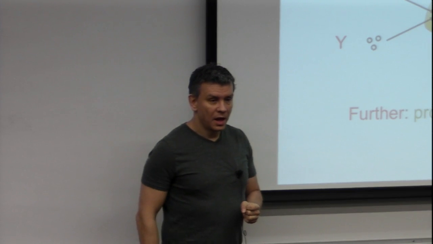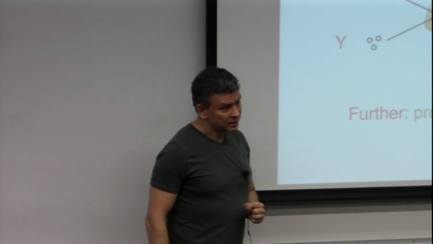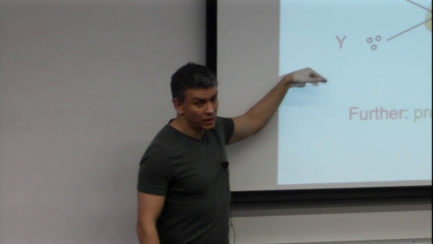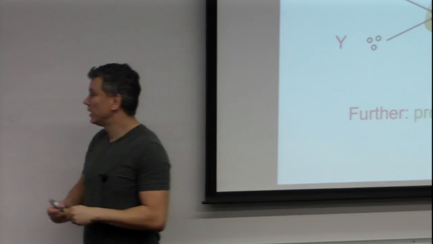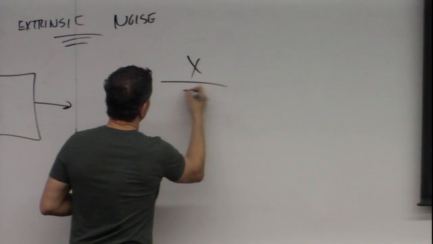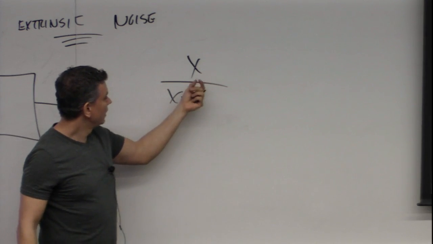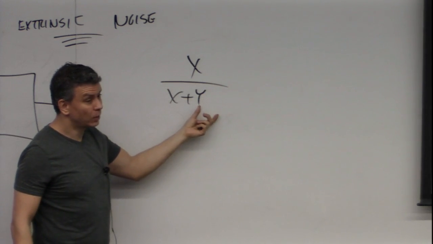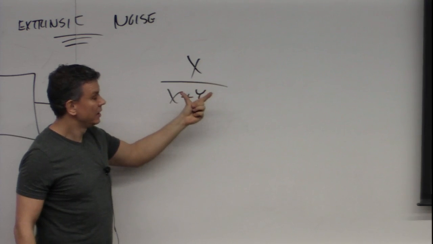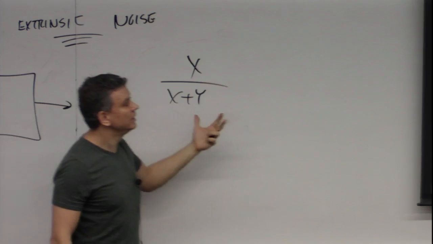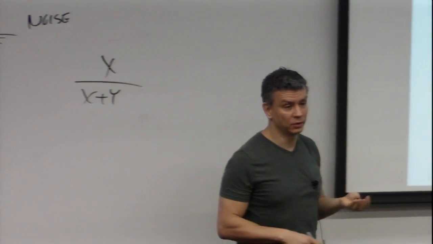So I supply x and y, and it's the relative amounts of x and y that matter. In particular, we're going for x over x plus y. If I supply 30 of x and 70 of y, then I'm going to have 0.3 as this value, and 0.3 is going to be the probability of getting green.